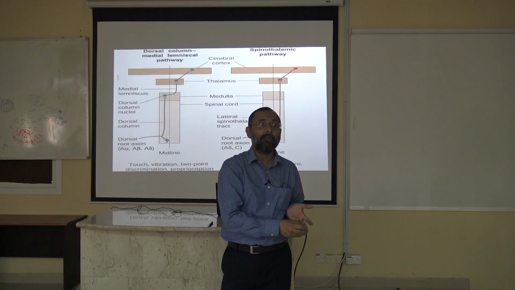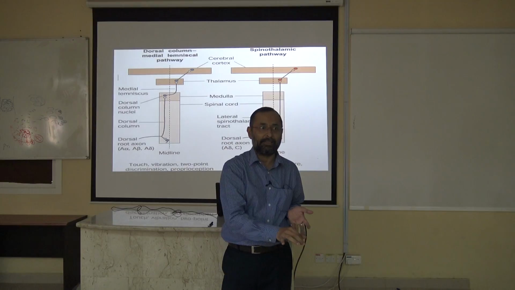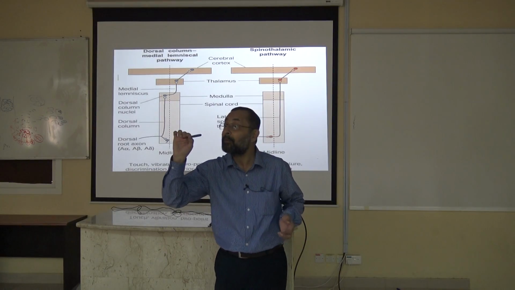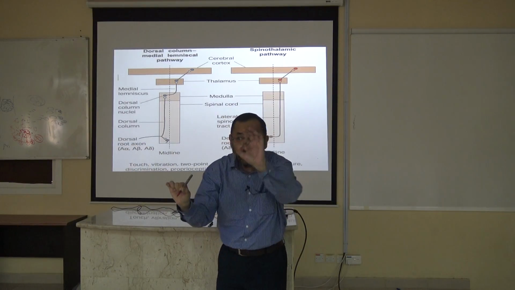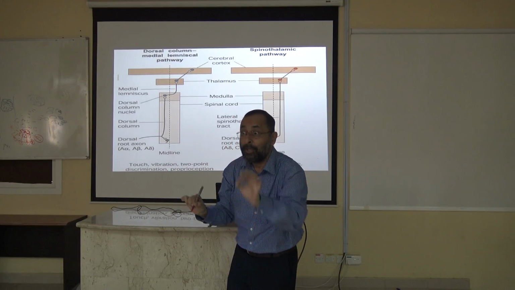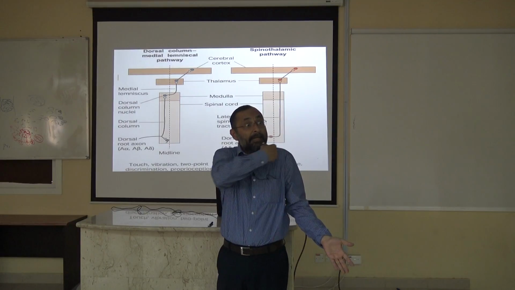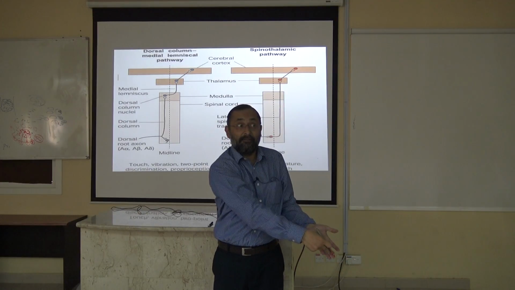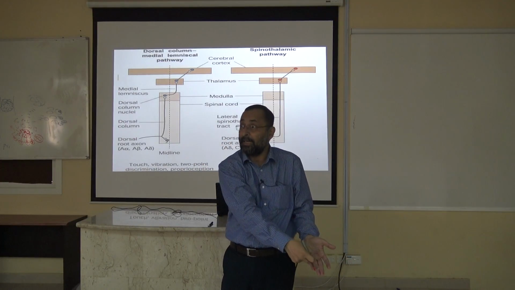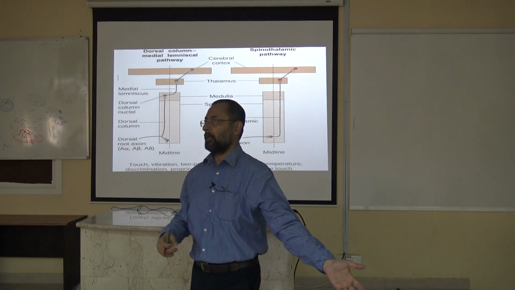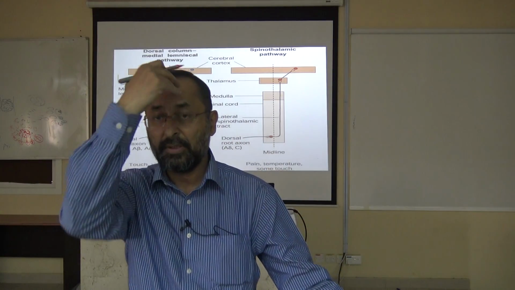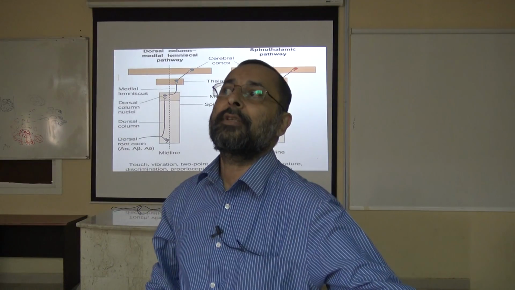So without looking, I am localizing the touch exactly, even though you are touching only at one point. Very focused, very little touch. But I am so sensitive about this touch that my brain knows the mapping of those receptors and that area, and the brain receives the information and will tell that you are touching this part.